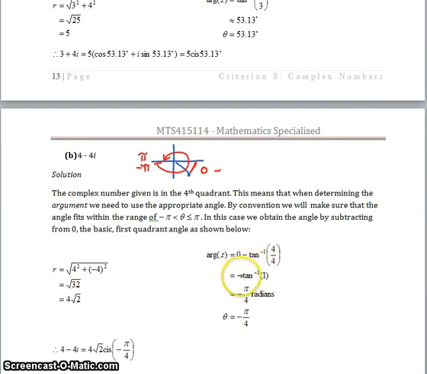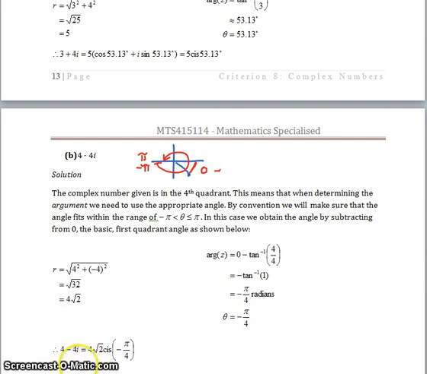Negative arctan of 1. Arctan of 1 we know is pi on 4 radians, so we write our answer as negative pi on 4 radians, because it's 0 minus pi on 4, which is negative pi on 4. Therefore our angle theta is negative pi on 4.